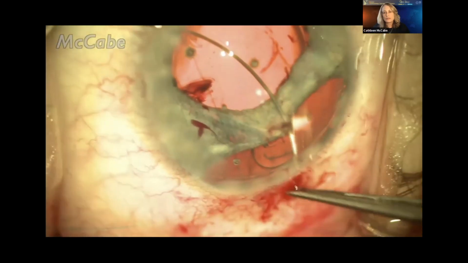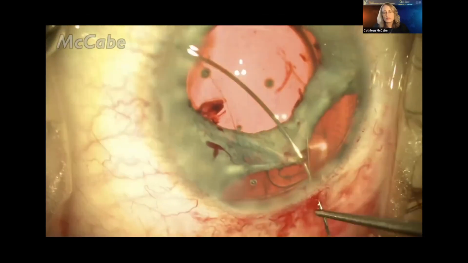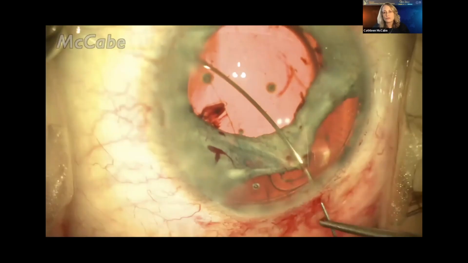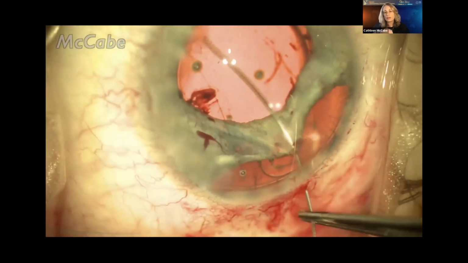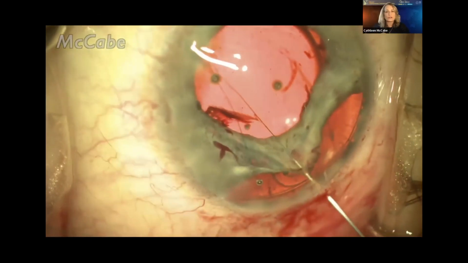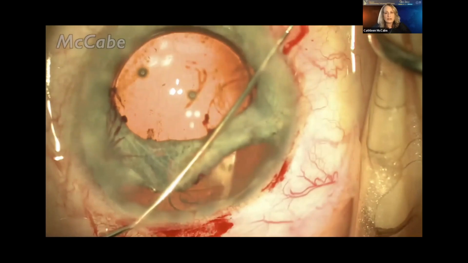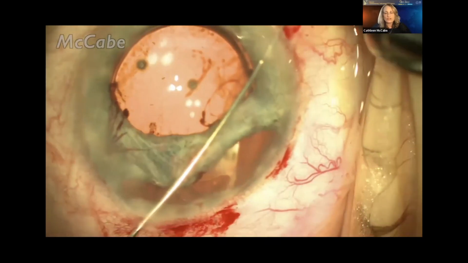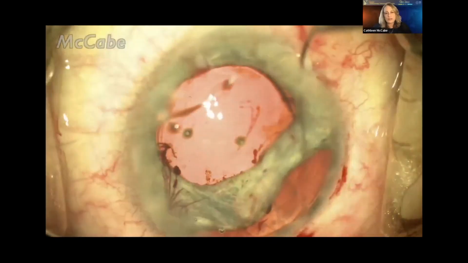So I'm using a double needle technique. One of the key points about this as well is just being sure that you don't tighten this too tight. You don't really want to cover up trabecular meshwork or really jam the tissue into the angle. And then I'm going to go ahead and place 2 more needles to the right of where I have that double needle as well.